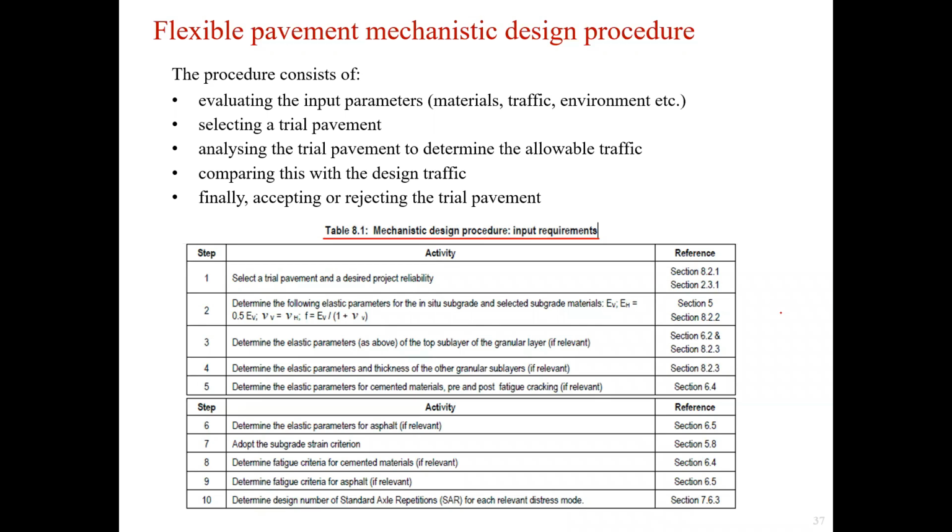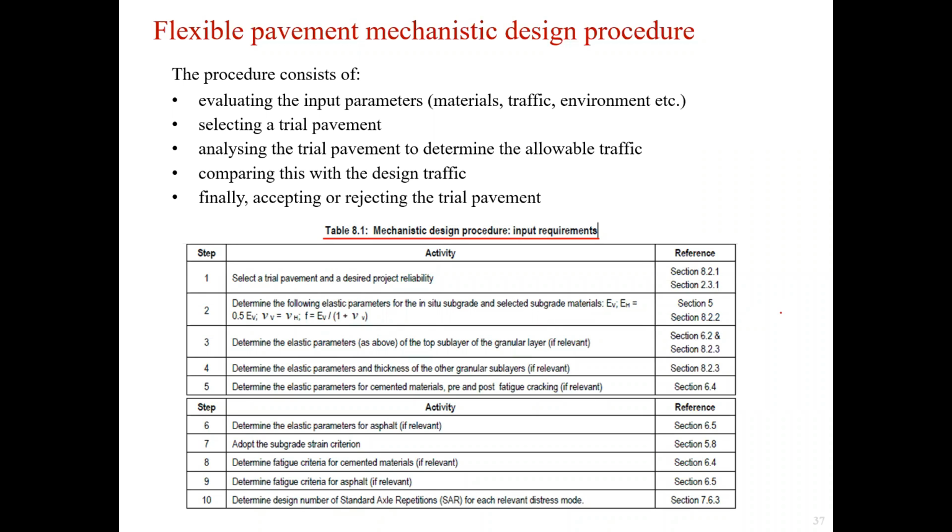If relevant, we need to determine the elastic parameters for cemented materials and their pre- and post-fatigue cracking. Next, we need to determine the elastic parameters for asphalt, then adopt the subgrade strength criterion for damage type of rutting and shape loss. Afterwards, we need to determine the fatigue criteria, both for cemented materials and asphalt.